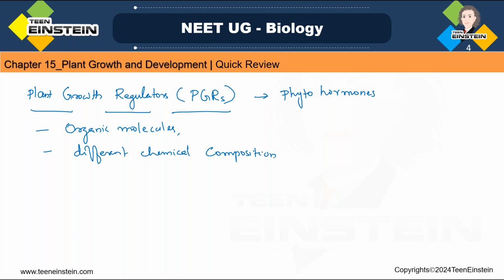All these plant growth regulators are naturally produced in plants. They are already present in plants; we are not introducing them into plants, they are naturally getting produced in plants.